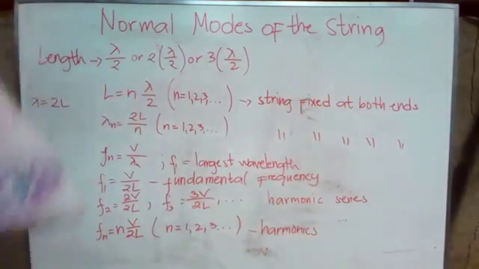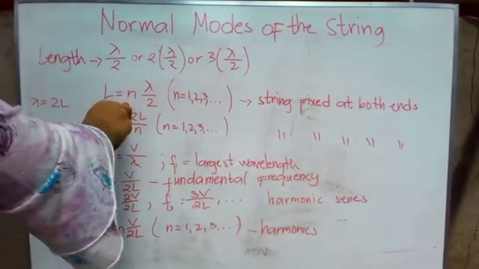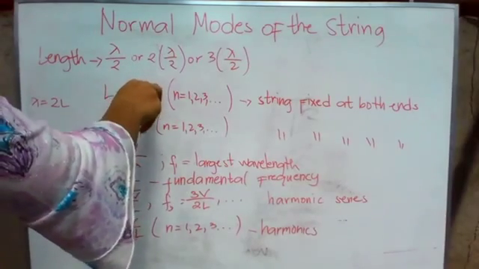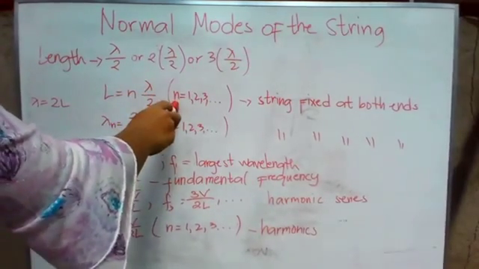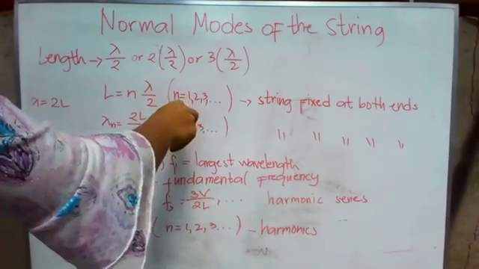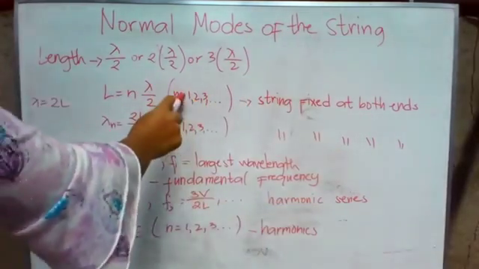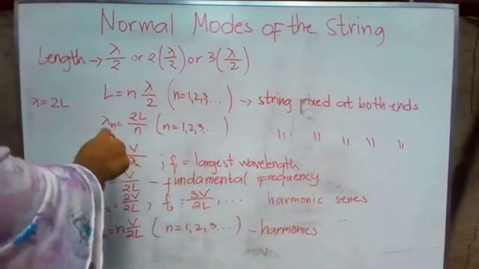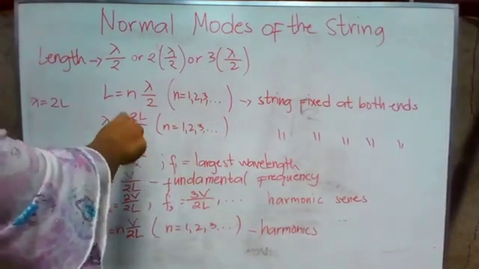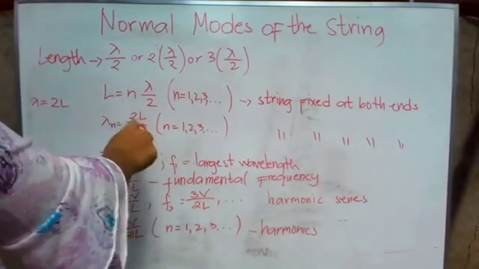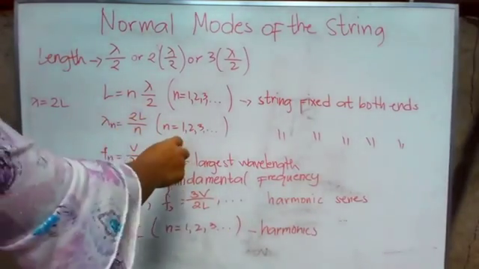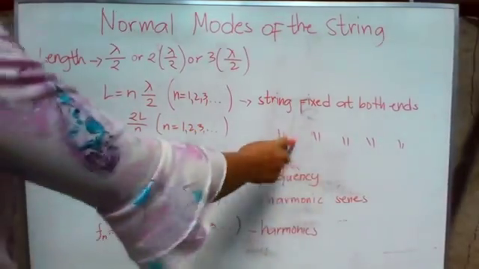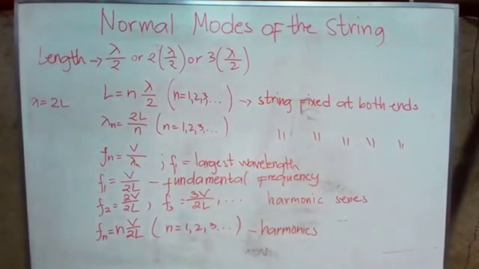We can rewrite the formula as L equals n times lambda over 2, where n must be 1, 2, 3, and so on, a counting number. Solving for lambda, we get lambda sub n equals 2L over n, where n is 1, 2, 3, and so on. This is still for the string fixed at both ends.